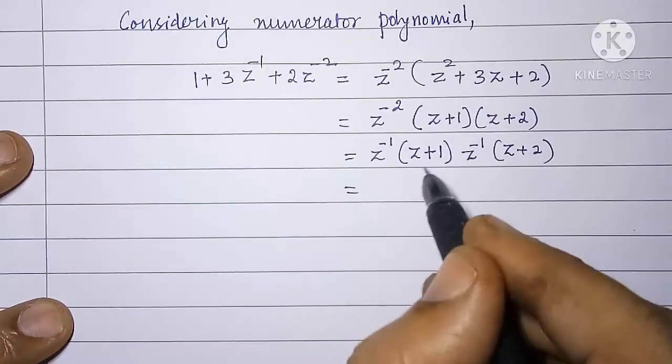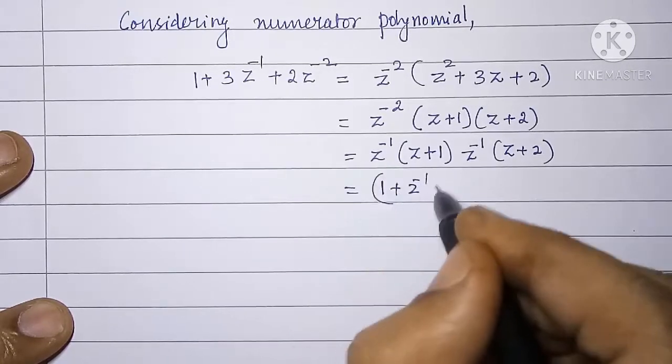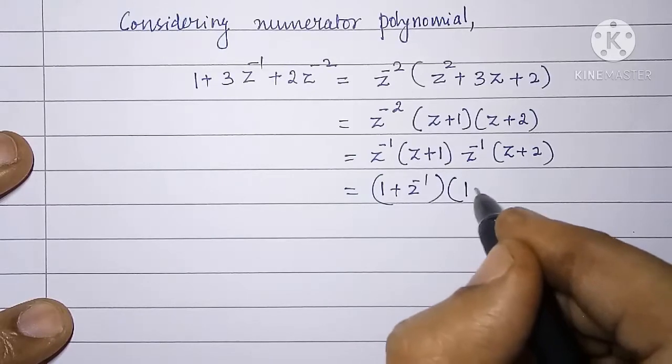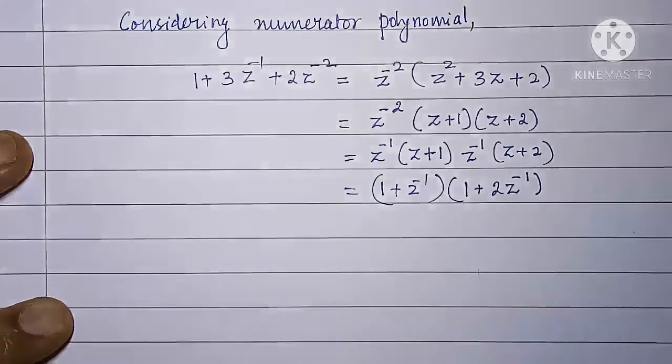Taking z raised to minus 1 here in this bracket, we get 1 plus z raised to minus 1 into 1 plus 2z raised to minus 1.